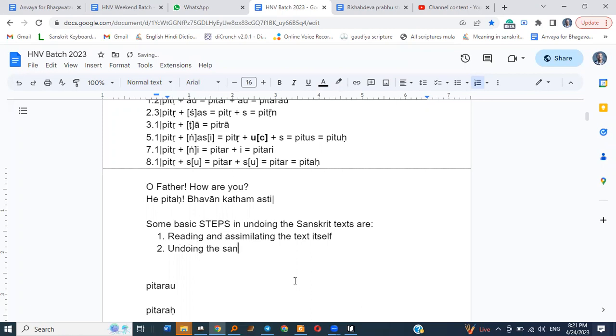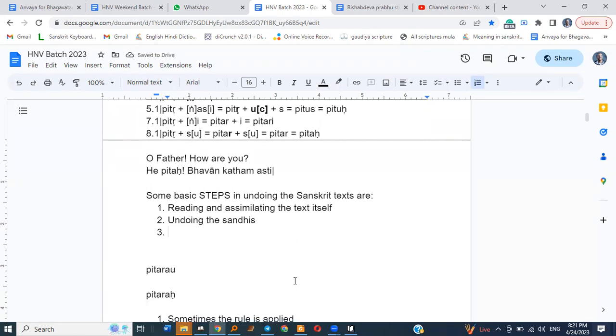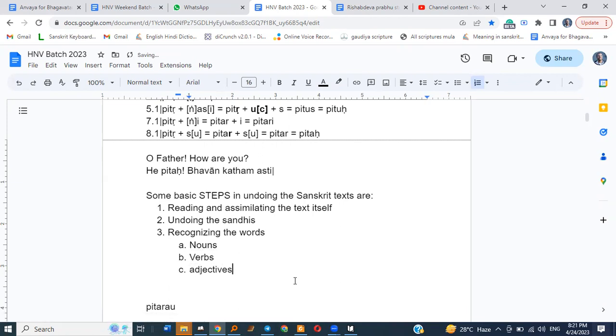Then undoing the sandhis. That's the second step. Then after you have undone the sandhis, recognizing the words. Now those words are nouns, verbs, adjectives, adverbs, and so on.